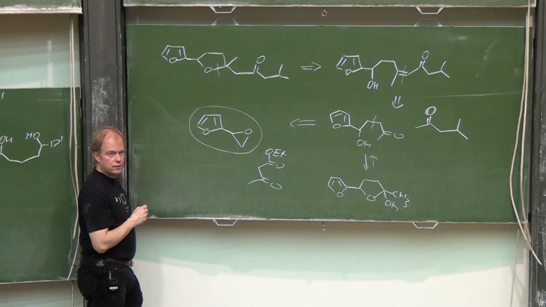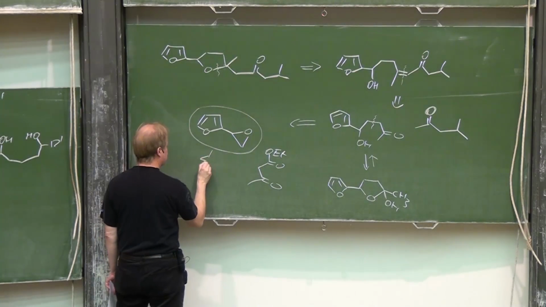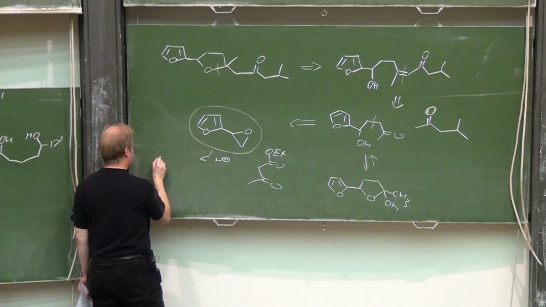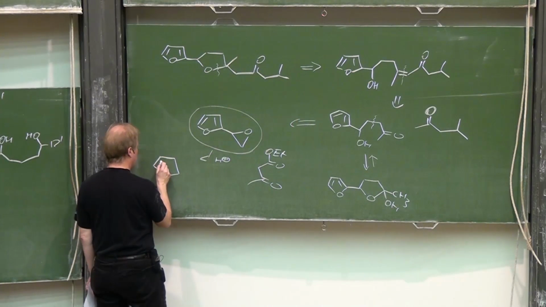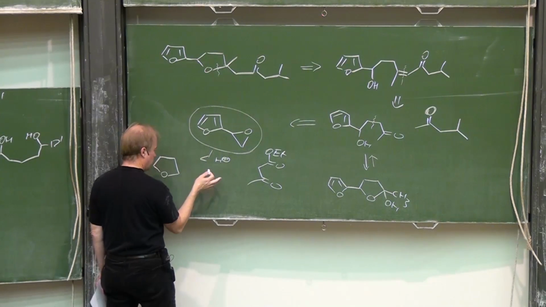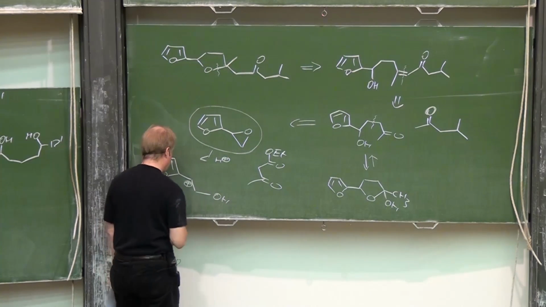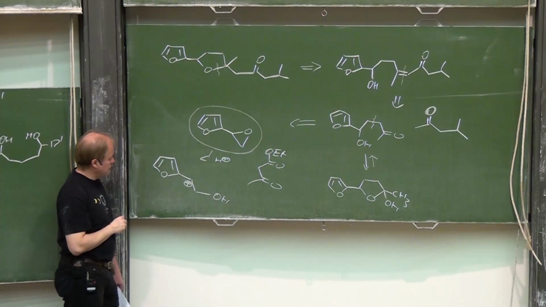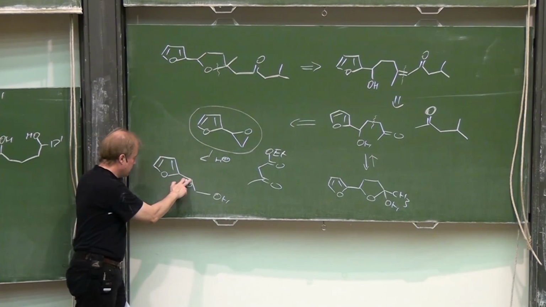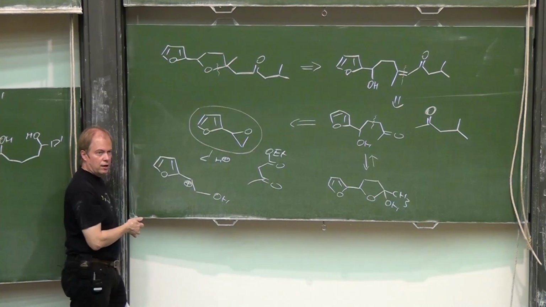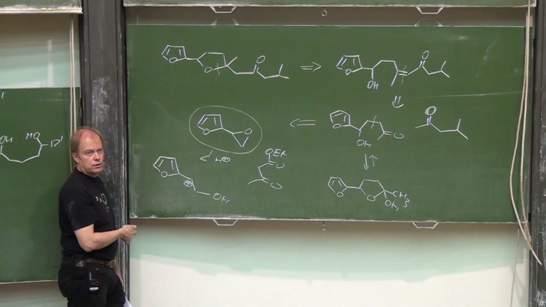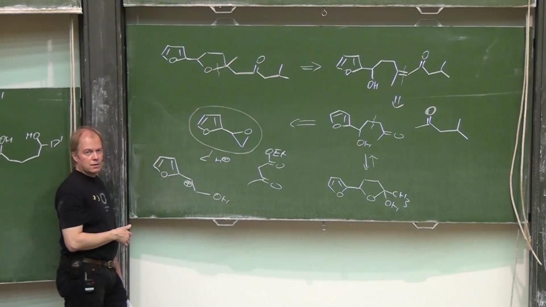For sure, this will be very sensitive, since under the influence of Brønsted or Lewis acids, this epoxide will easily open up, since this carbocation is even more stabilized than a carbocation at the benzylic position, of course, because the furan is even more electron rich than a benzene ring.